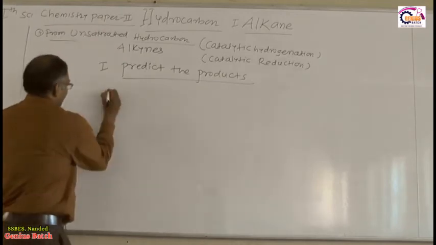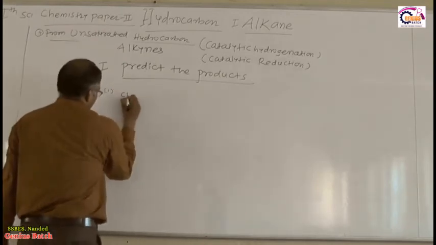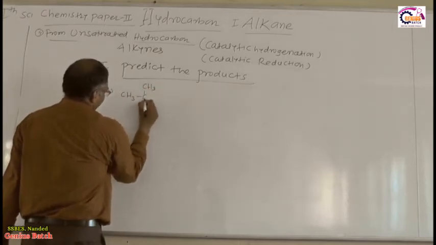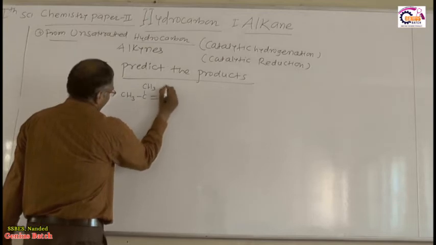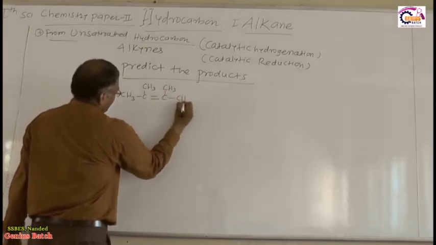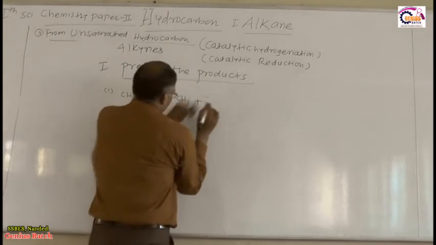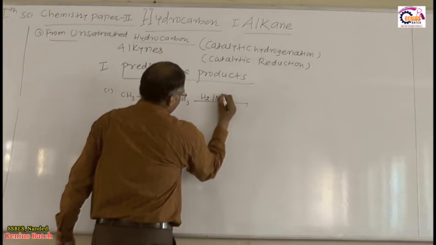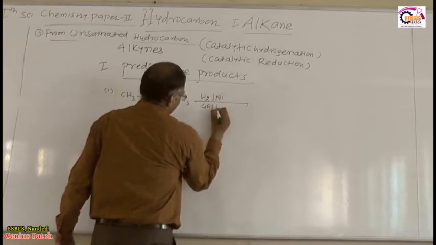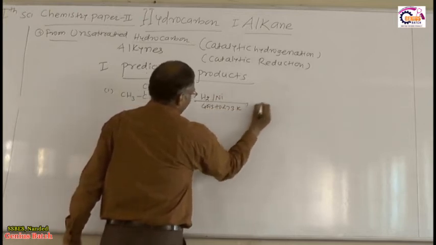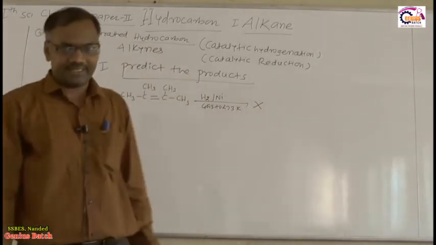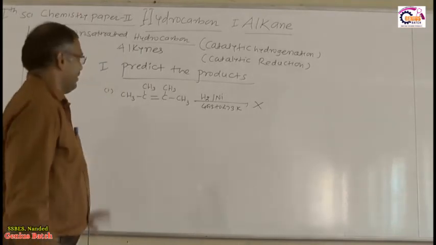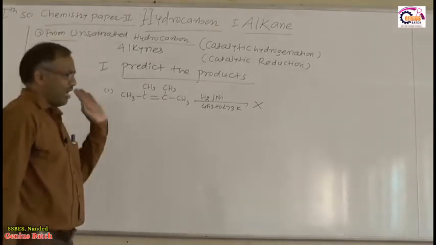First they have given, suppose, CH3, CH3, then this carbon double bond carbon, CH3, CH3, plus they have given hydrogen gas, nickel catalyst, 453 to 473 Kelvin, gives X. What is the X? Predict the following product. So what will be the X? That is the question you have to answer.